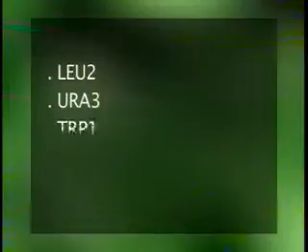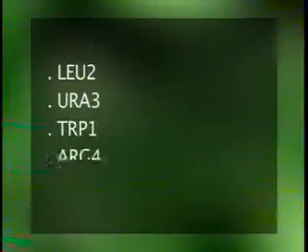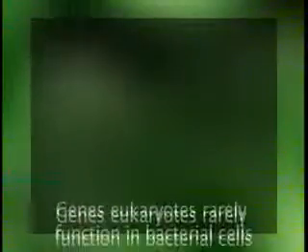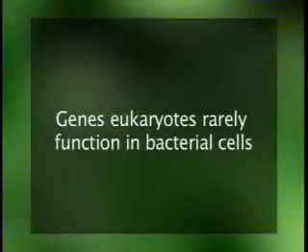Other yeast genes isolated in this way include LEU2, URA3, TRP1 and ARG4. In general, genes from eukaryotic organisms rarely function in bacterial cells, but the success with yeast genes arises from the lack of introns in most such genes, coupled with the ability of some yeast promoters to function in bacteria.